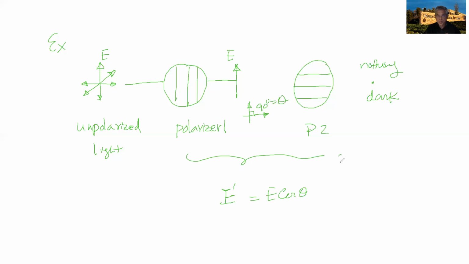Cosine 90 degrees is equal to 0, so E prime is equal to 0. Certainly I prime, which is equal to I times cosine squared theta according to the previous page, is equal to I times 0 squared, which is also 0. You can see this will be dark. Okay, so that's what we have today.